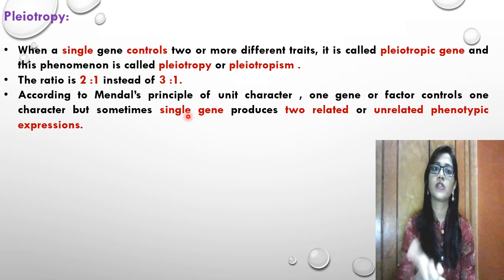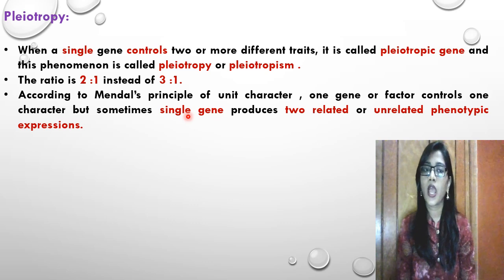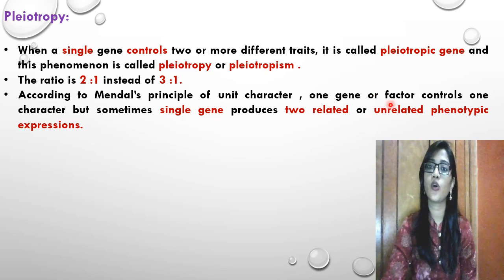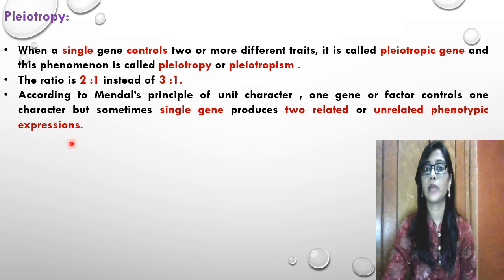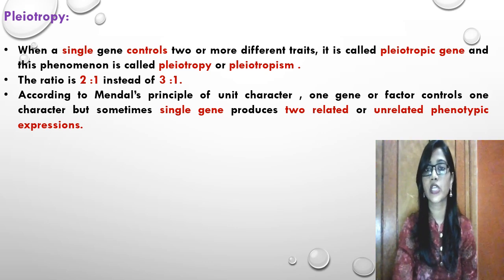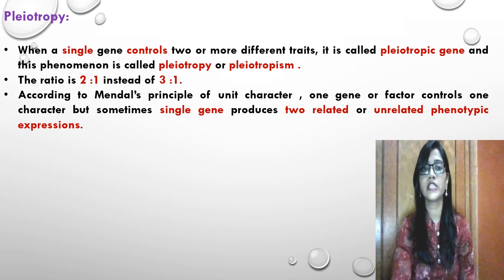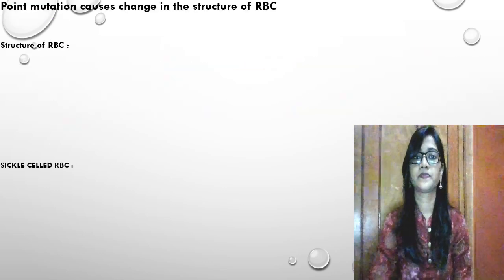According to Mendel's principle of unit character, one gene or factor controls one character. But sometimes a single gene produces two related or unrelated phenotypic expressions, and that is what you are going to study in pleiotropism. We are going to study the structure of RBCs in detail in the next slide.